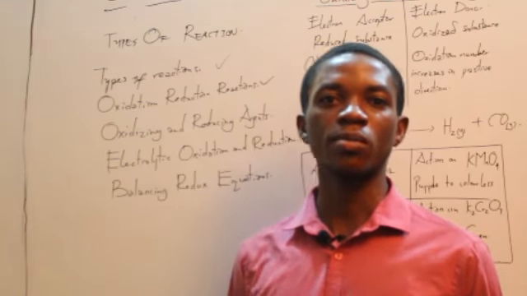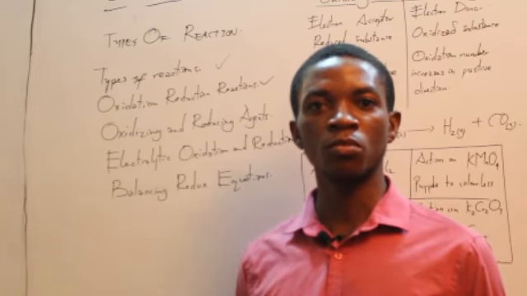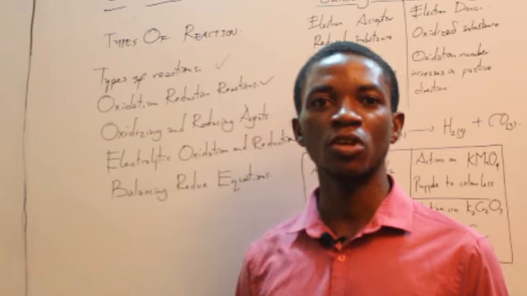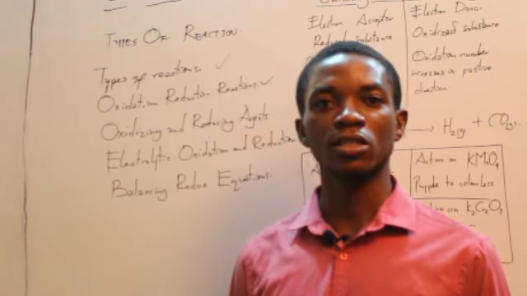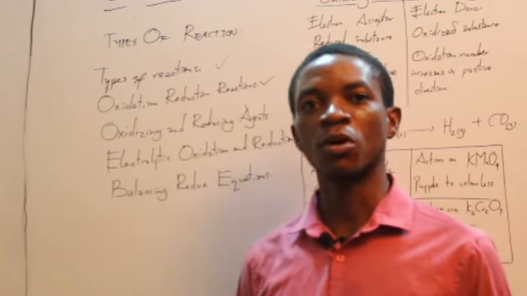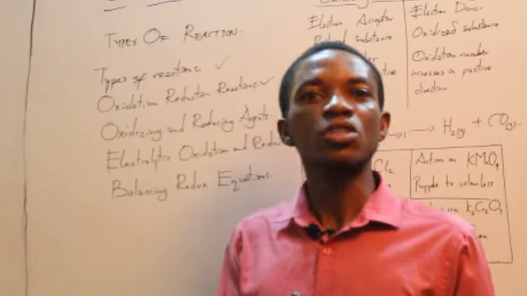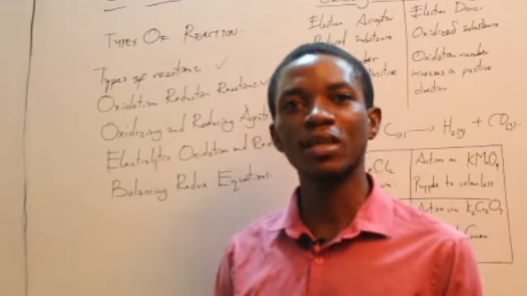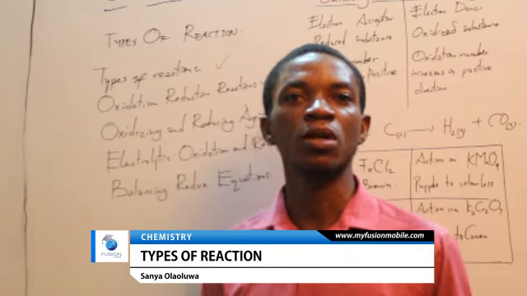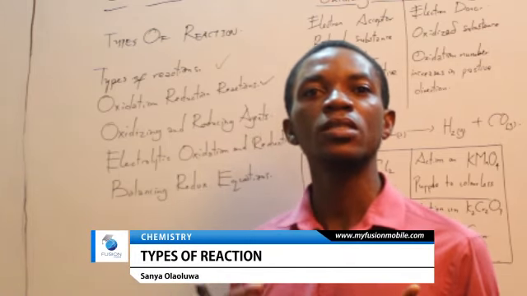Of course, in a particular chemical equation, most times when we have oxidation, we have a reduction following it, because something is giving out the electron, therefore that thing is going to be losing electrons. So it happens simultaneously.